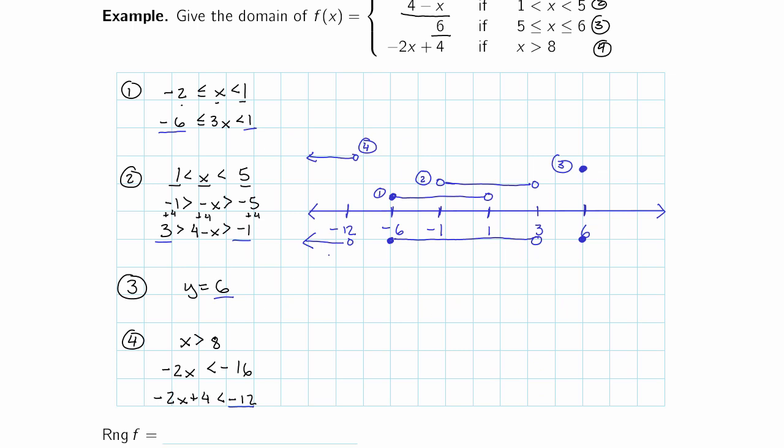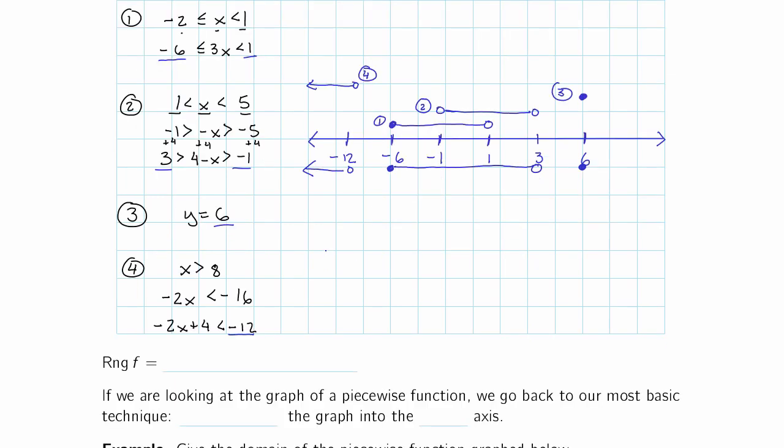To write that in interval notation, I have everything to the left of -12, and then I have -6 up to 3, and then I have just the single point 6, which I'll describe by writing it in set brackets. There we go, there's our range.